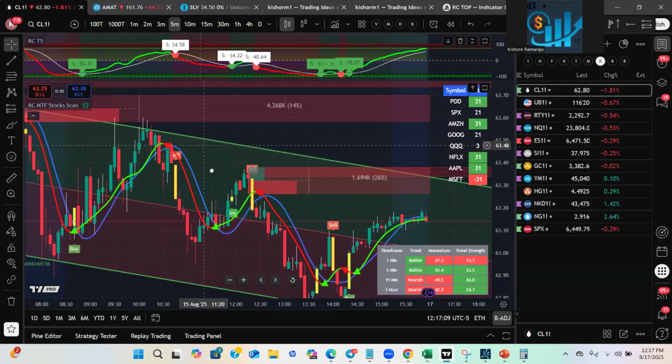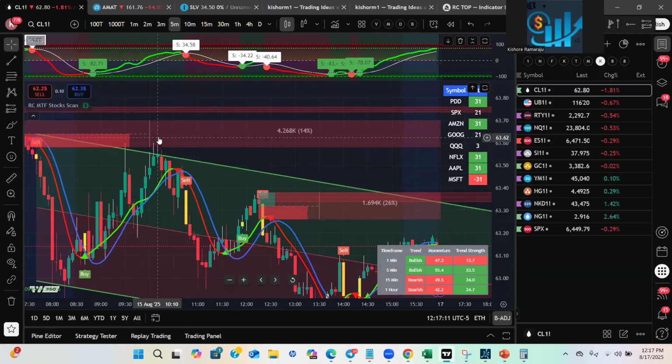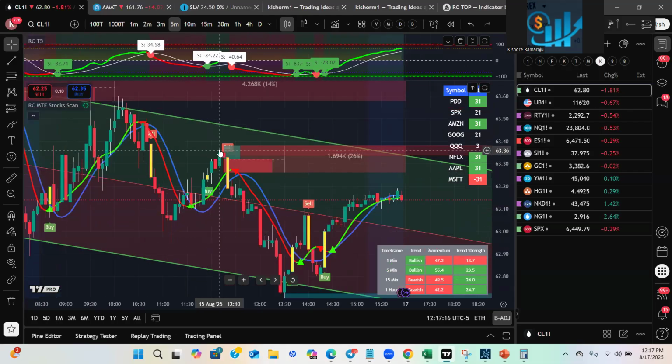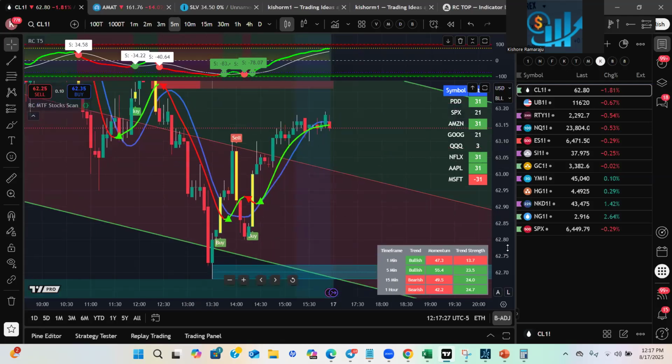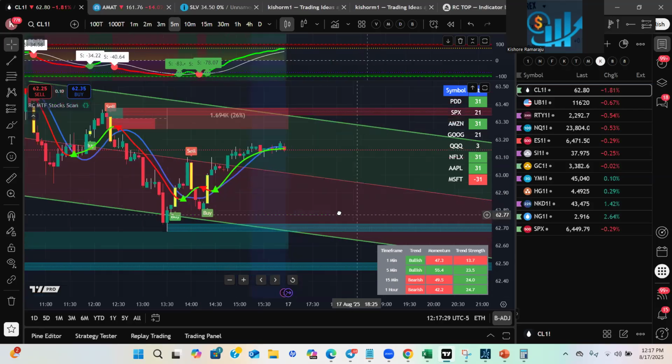Right here, there are a lot of sellers. It went to the top of the channel, there was a big drop. And then there was some bounce. Again, you got a sell signal, again a big drop. Again it went up, again it dropped. So you can ignore the buy signals, just focus on the sell opportunities if something is in the downtrend.